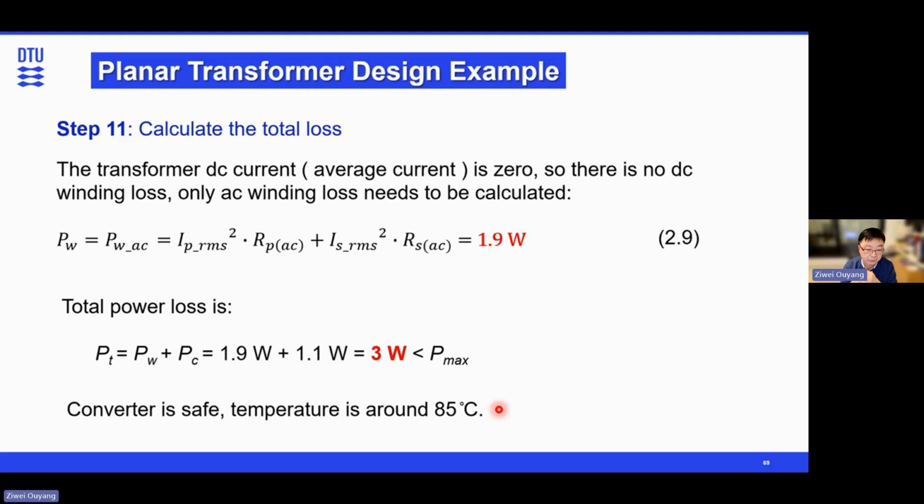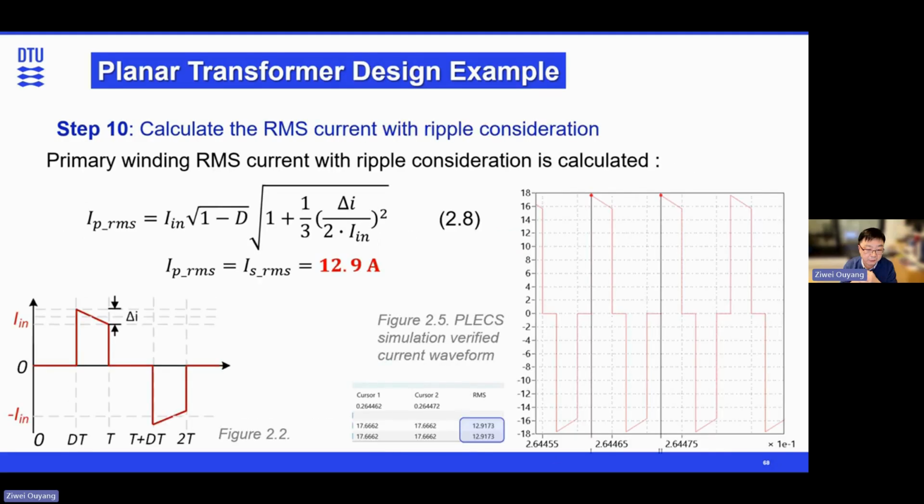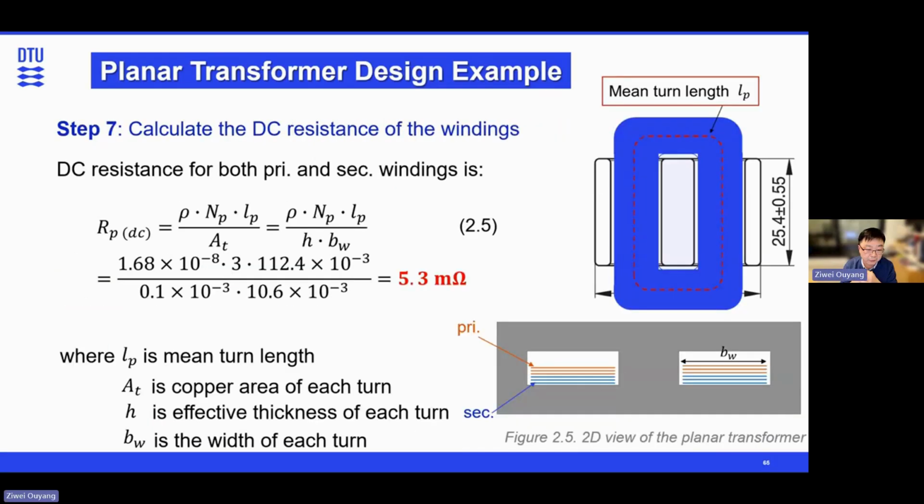So this is showing the step-by-step transformer design. But of course, if you look at the copper utilization, it is quite low. We still have a lot of space that is remaining empty here. So we can further reduce the window area. If you can design your custom core, then you can further reduce that.